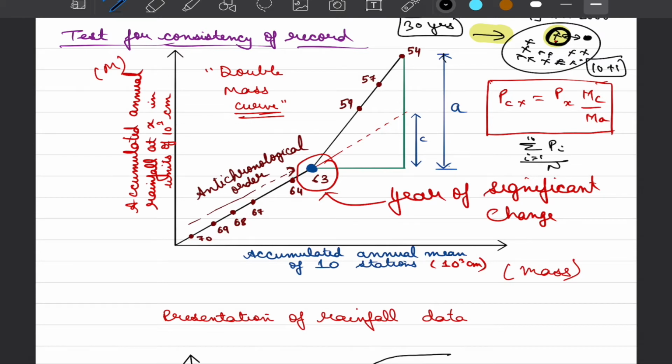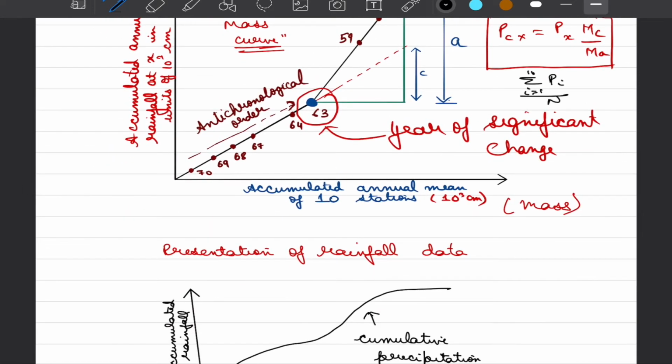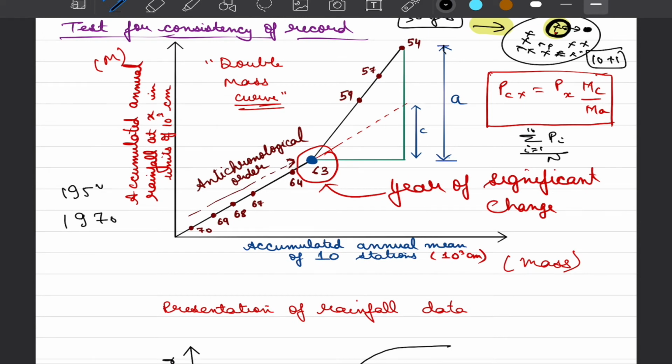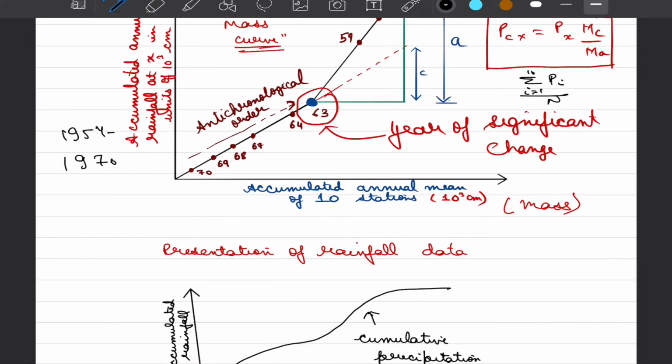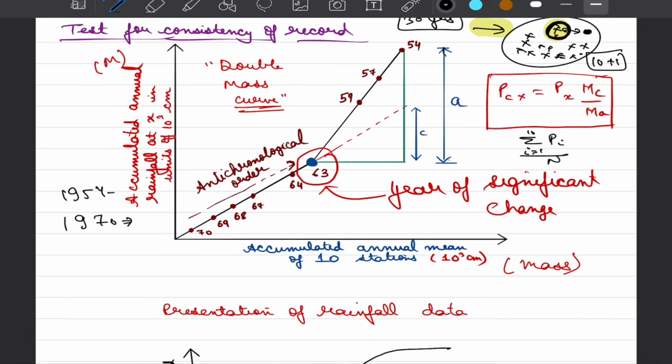Now, what we will do is that in anti-chronological order, that is, if we have to check the consistency of records from 1970 or 1954 to 1970, we will take this average value that we obtained for those 10 gauges and say that that is the value for 1970, and we would say that is x1. We will do the same exercise in 1969, that is we will look at all other 10 gauges, take their average precipitation or mean precipitation, and we will say that it is x2.